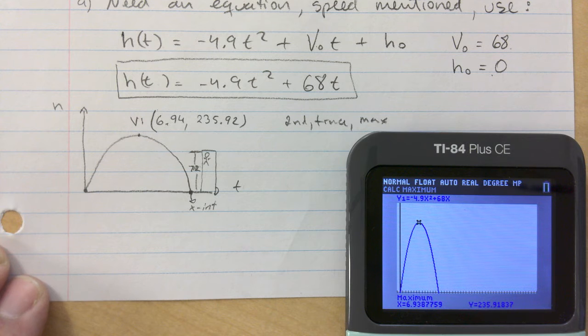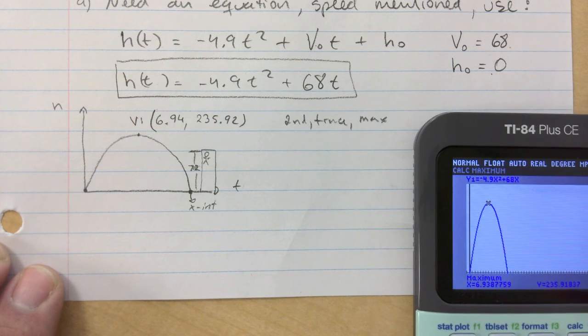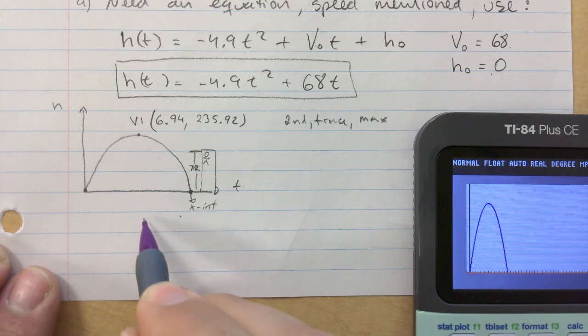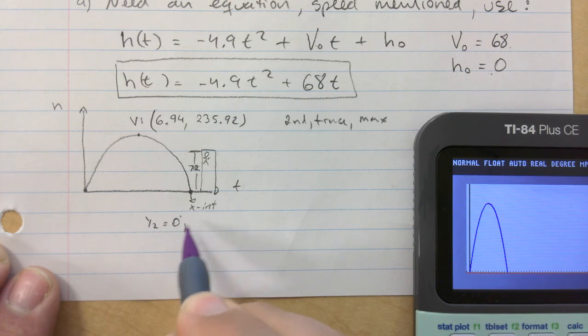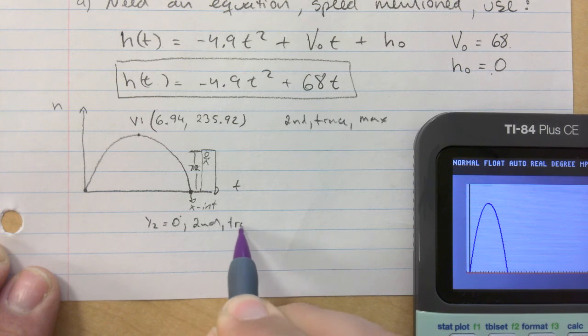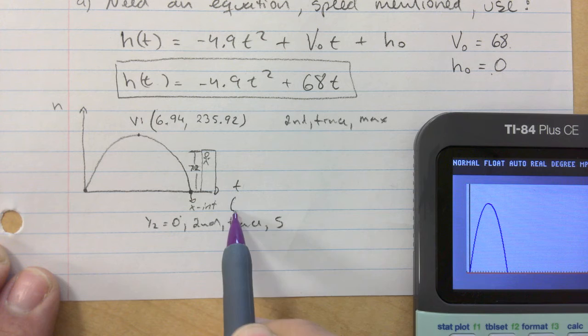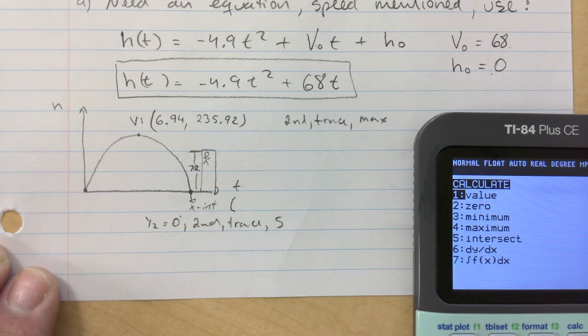Okay, so I write that down because I'm going to need it for my range. And I'm going to find the x-intercept now. So there's my x-intercept. I know I'm going to, somewhere in here, tell Mr. Dirksen how I found that. The x-intercept is going to be second trace 5.